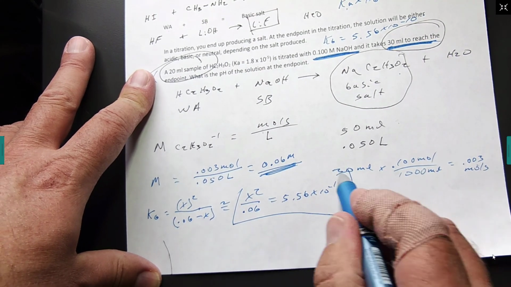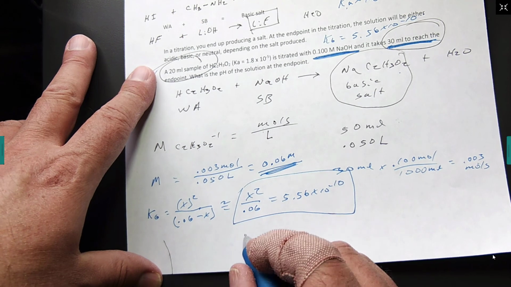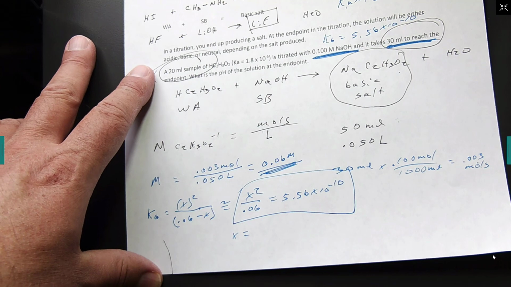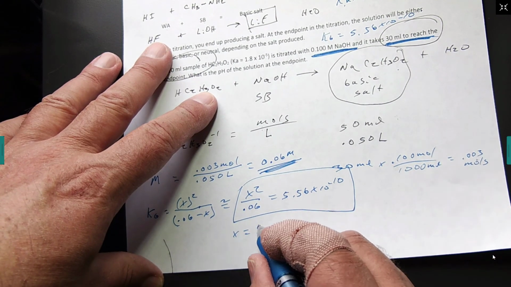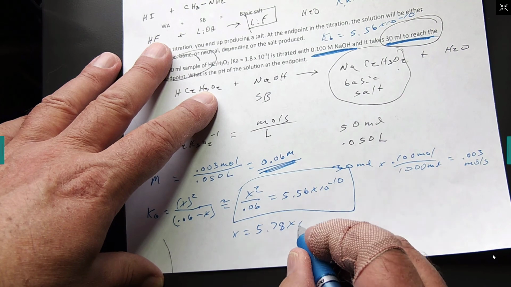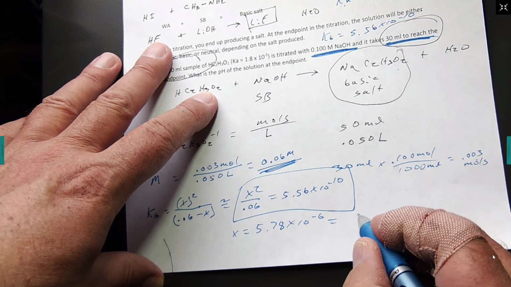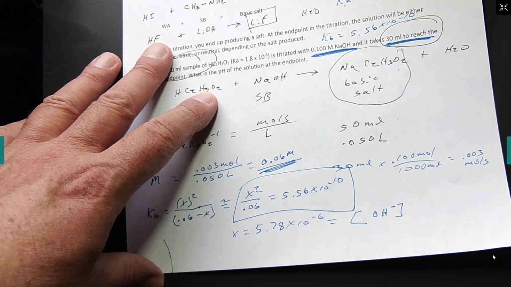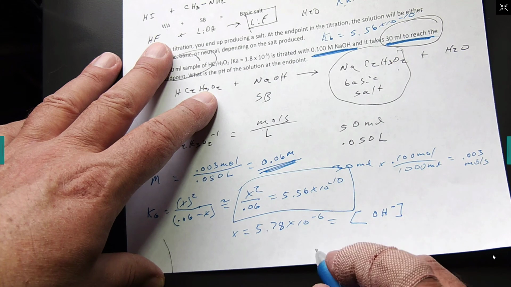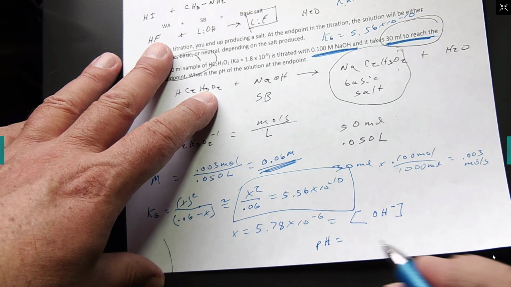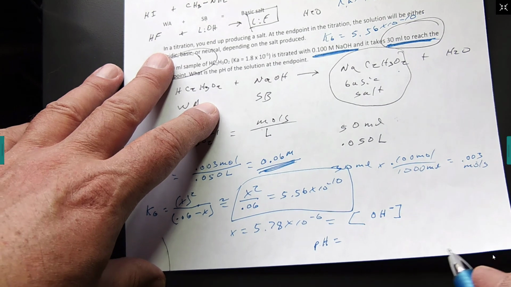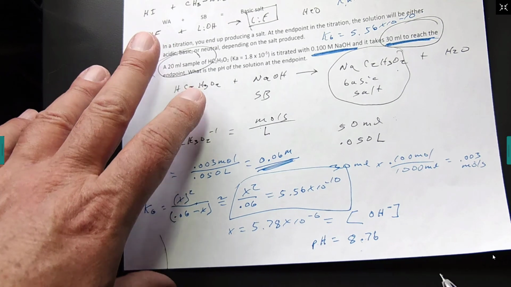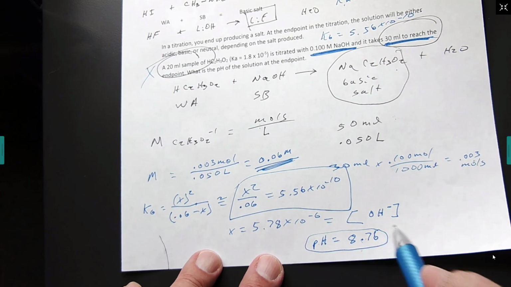Hey guys, can you solve this for X? Sure you can. X here happens to be 5.78 times 10 to the minus 6. And that happens to be the hydroxide concentration. And then from there you can find the pH at the end of this problem. The pH I ended up with here, 8.76. So at the end of this titration, that's the pH that the solution will have.